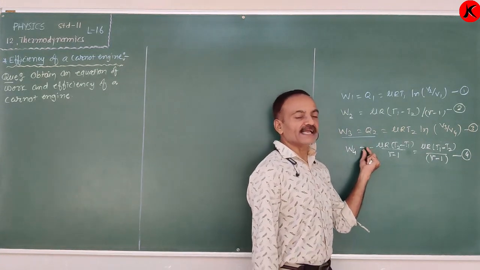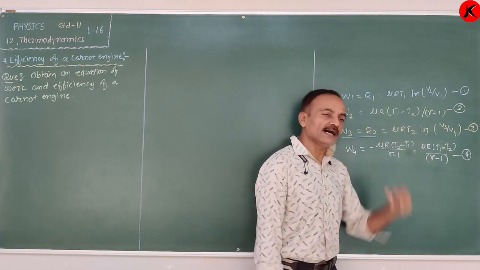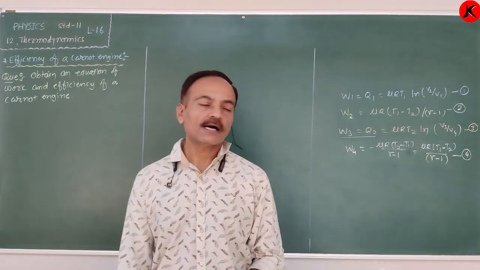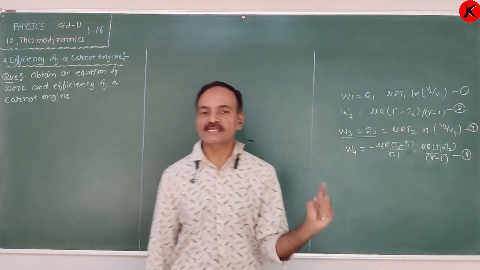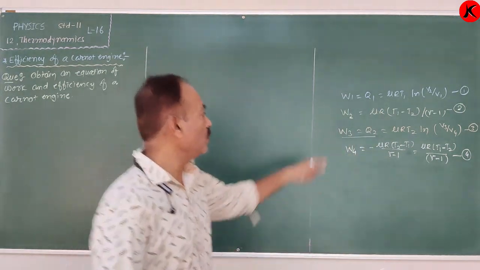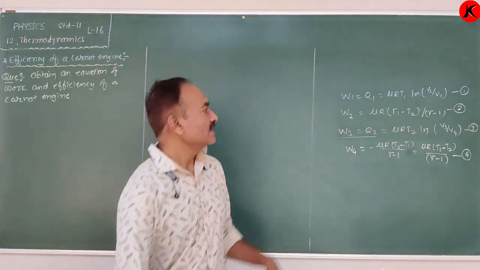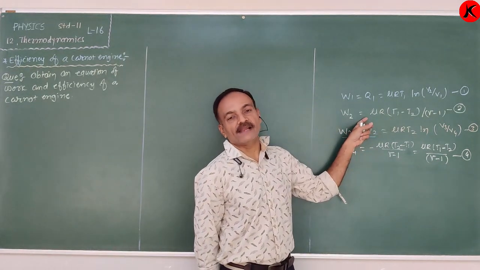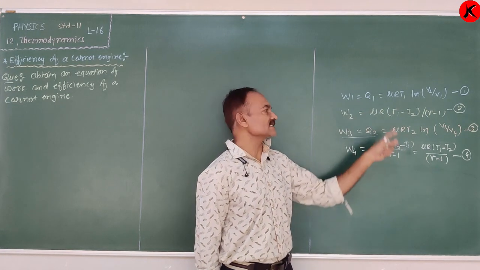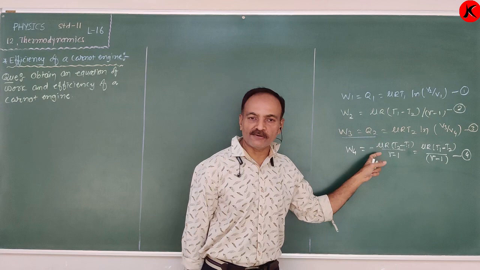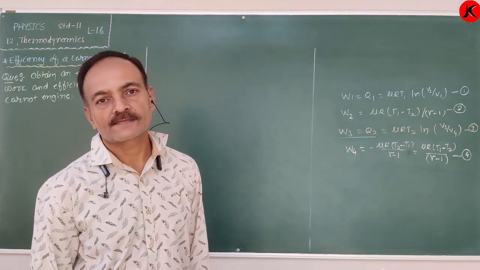Here there is the negative sign, so we convert it into positive: μR(T1 − T2)/(γ − 1). Now from these two equations, the work done in step 2 and step 4 are the same. But equation 2 represents the work done by the gas and this is the work done on the gas. Therefore, this work done is positive, this work done W4 is negative.